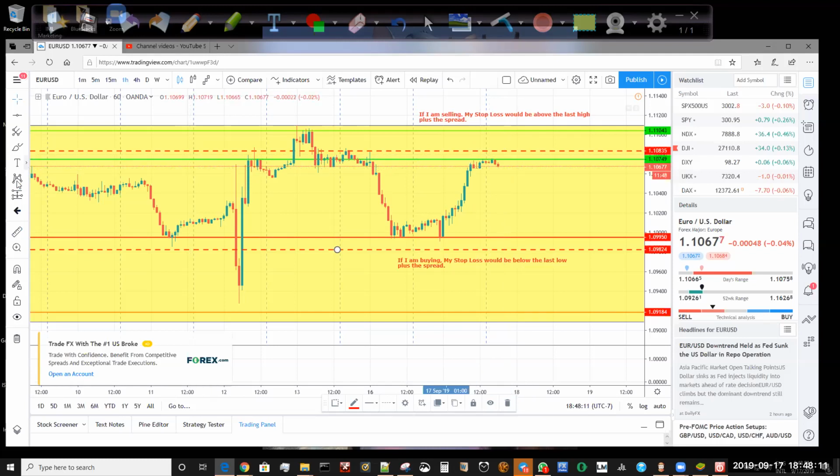Your risk, we're looking at almost 10 pips. So you're looking at 20, 30 pips of risk for 75 gains. So that's a 1-to-2 ratio. And it'll be the same thing if you're buying going north. You would be going up to this resistance area.